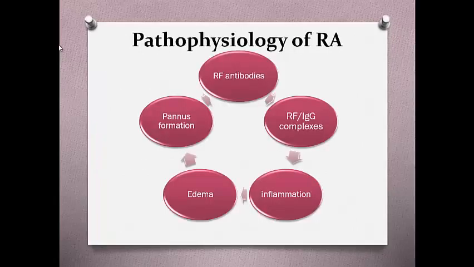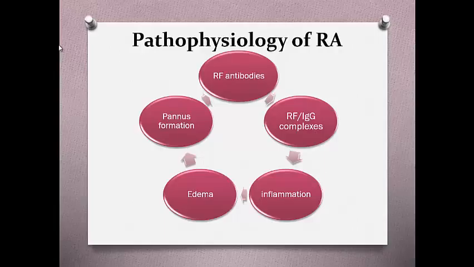The pathophysiology of rheumatoid arthritis. Remember we talked about the wear and tear damage of osteoarthritis. Well, the pathophys of rheumatoid arthritis affects the lining of the joints, the synovial tissue. So rheumatoid factor antibodies develop, which is an antibody that's not normally present.